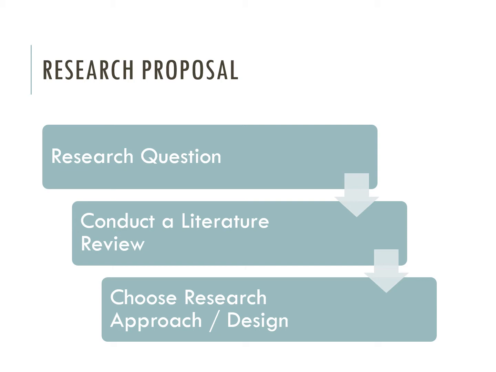Actually, we're going to do an entire module on how to write and conduct a literature review, so we're not going to get too far into it. Basically, we're going to collect several studies that are similar or somehow related to the information we are trying to find, in order to get a strong base understanding of the topic, so that we know we're not trying to find a research question that's already been researched, right?